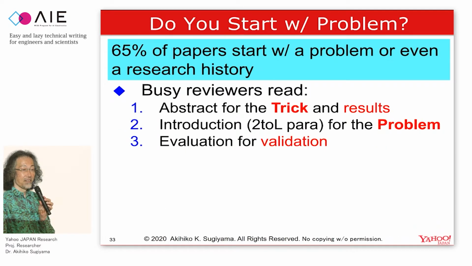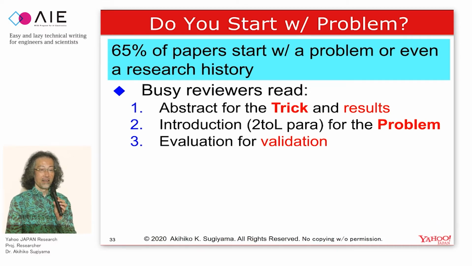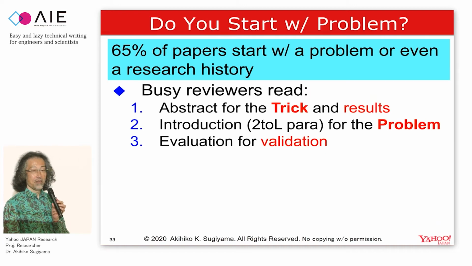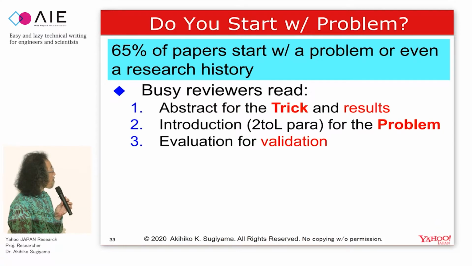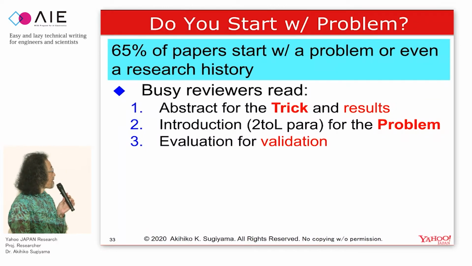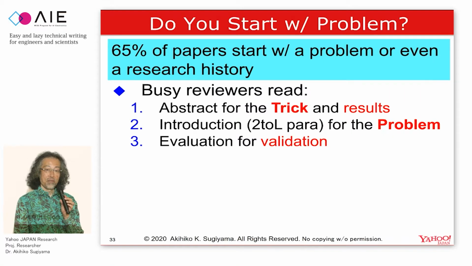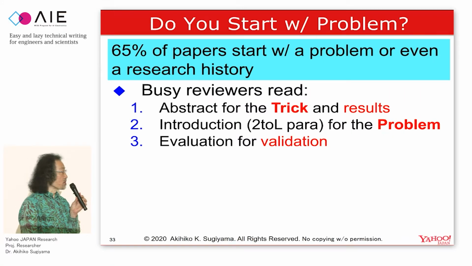Who will read it? Readers, true. But before readers, reviewers will read it. And they are basically familiar with what's going on in that field. So what do reviewers do when they review papers? They first go to the abstract for the trick and the results, because they are most interested in what kind of new technique you have introduced.